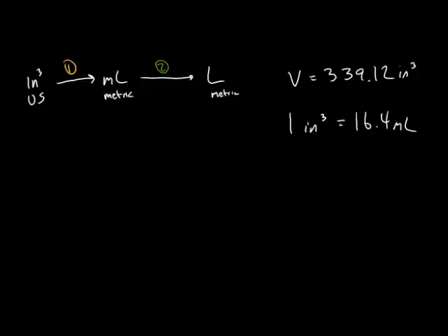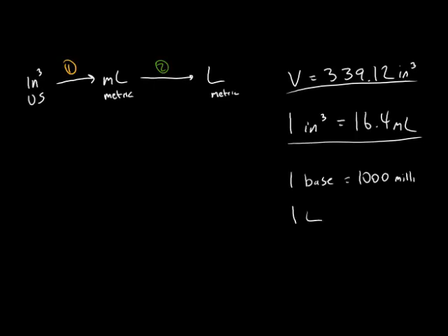On the next page, I've written down the volume we found from step 1, the conversion factor for cubic inches to milliliters, and now let's think about how to go from milliliters to liters. In the metric system, 1 of the base unit gives you 1,000 of any unit with the milli prefix. Our base unit for volume in the metric system, however, is liters.